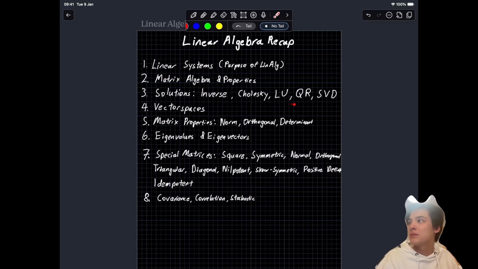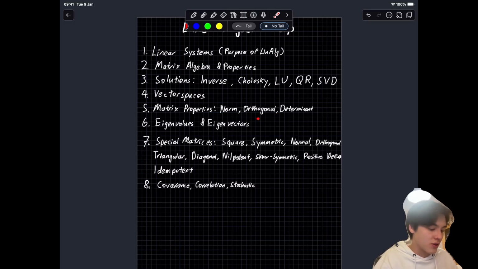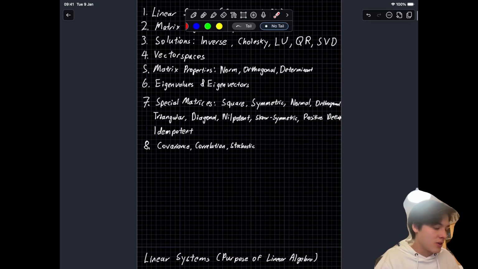I also have animations of these, hopefully to better understand the topic. And then we'll look at vector spaces, different matrix properties, their norm, what a norm is, orthogonality, and the determinants. Also, eigenvalues and eigenvectors are a pretty important part.